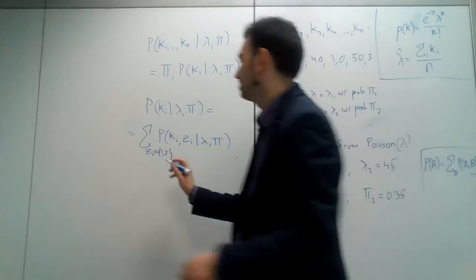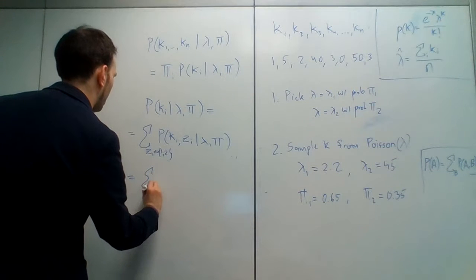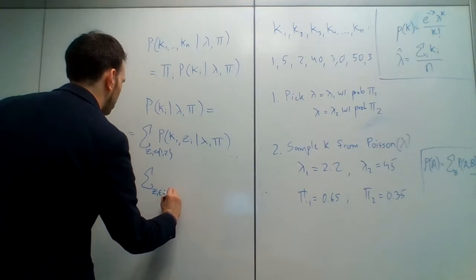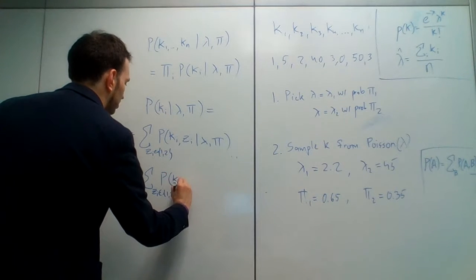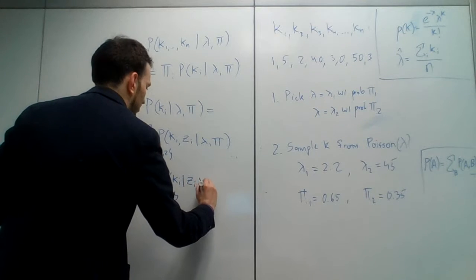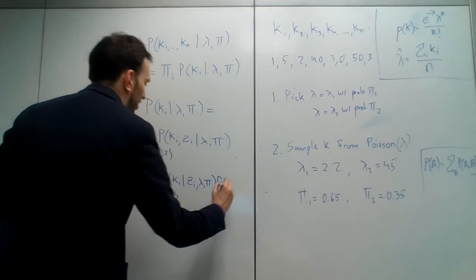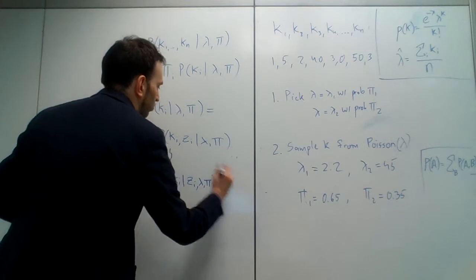Well, here's the trick. zi still ranges between 1 and 2. We'll condition ki on zi and lambda and pi, and we'll then multiply that by the probability of zi given lambda and pi, because we want the joint.